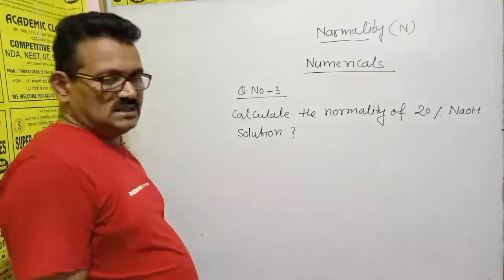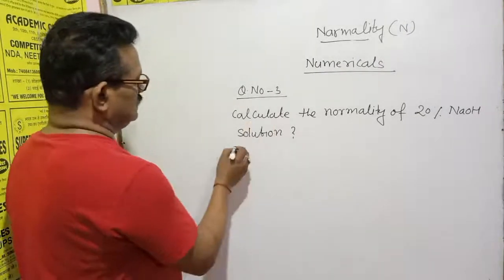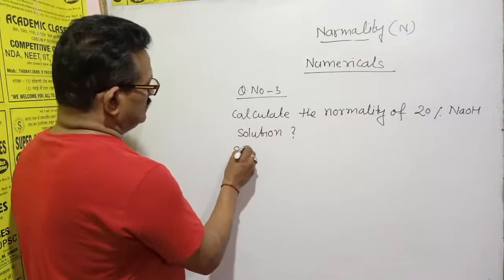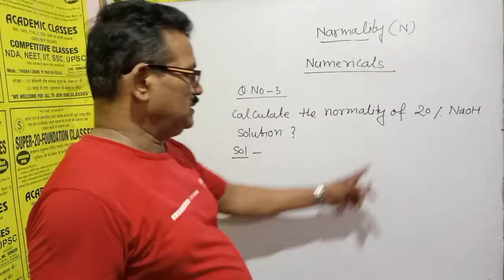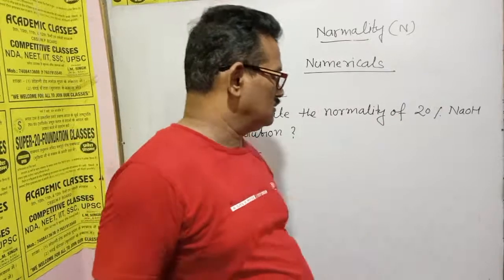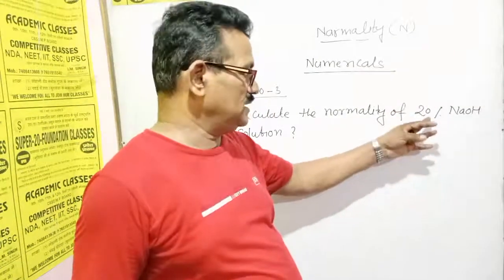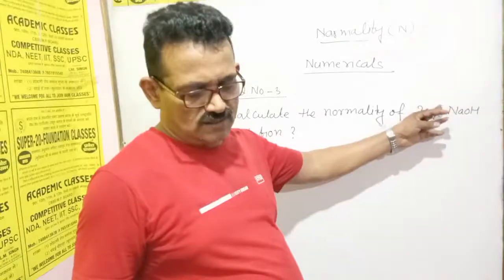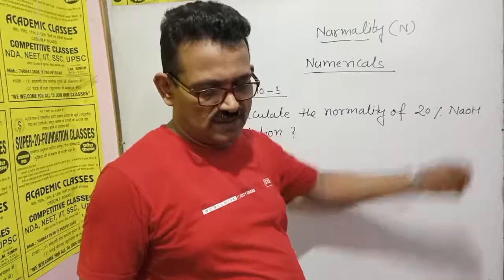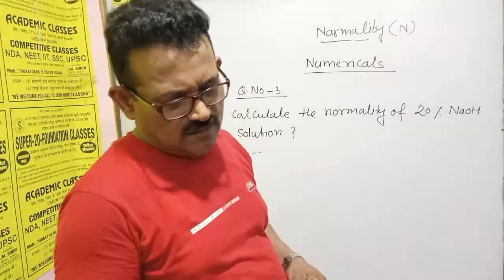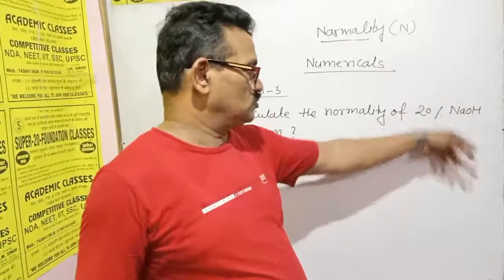You can easily solve it with the help of the other two questions. First, what is the meaning of 20%? It means 20 gram solute dissolved in a 100 ml solution. 20 gram NaOH dissolved in a 100 ml solution.